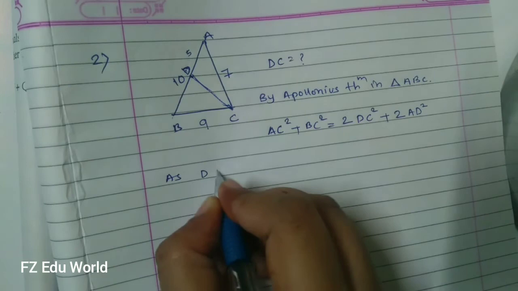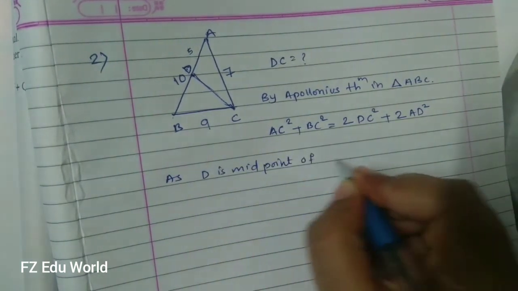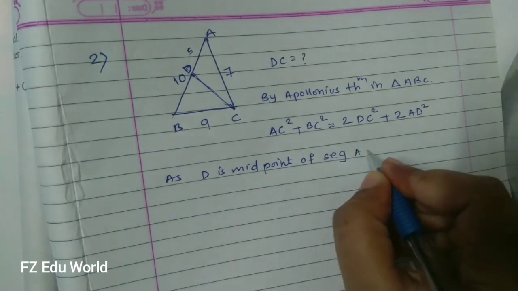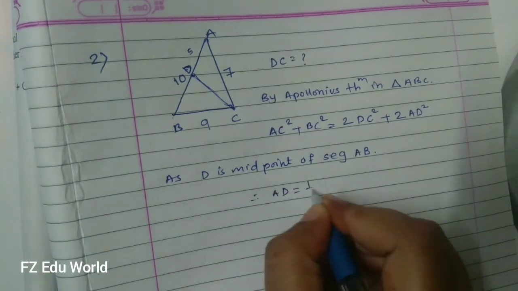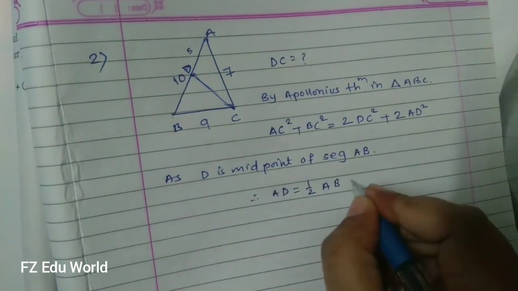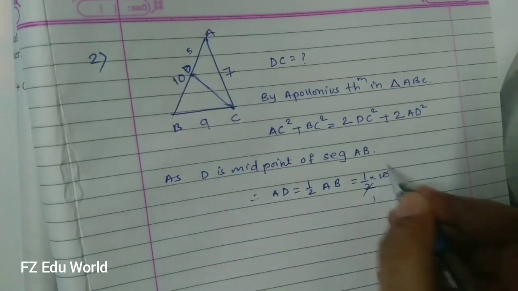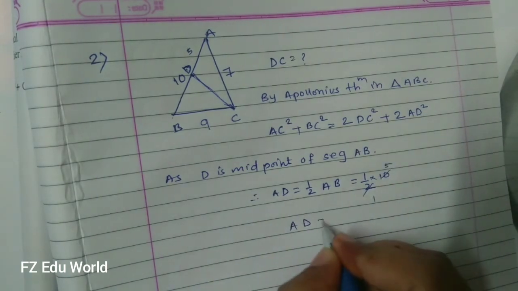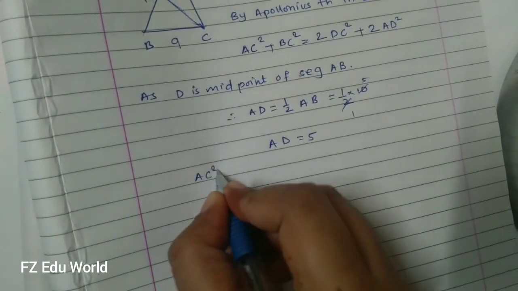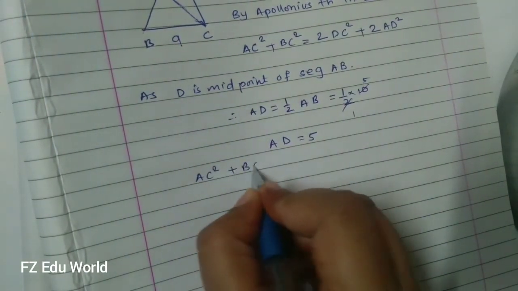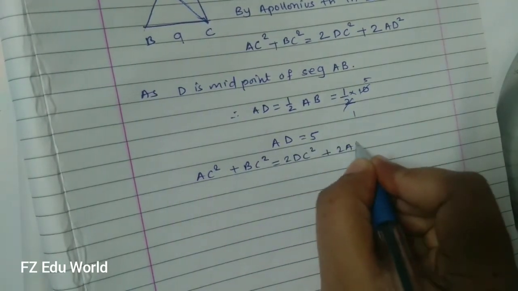As D is the midpoint of segment AB, therefore AD is equal to 1 by 2 AB. AB is given 10. So AD is equal to 5. Now again I am writing here Apollonius theorem. AC square plus BC square is equal to 2 DC square plus 2 AD square.